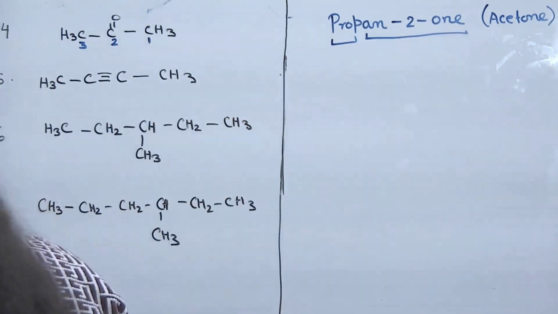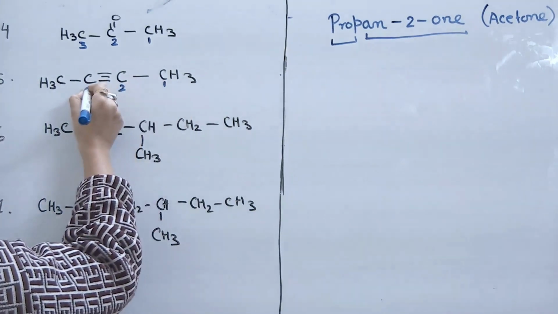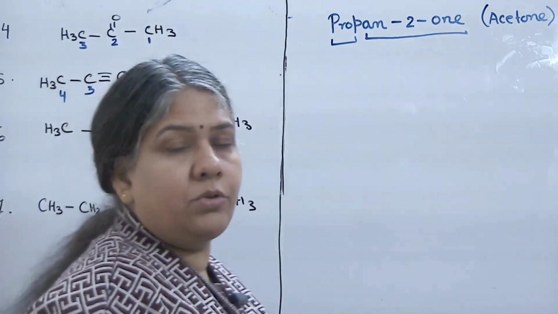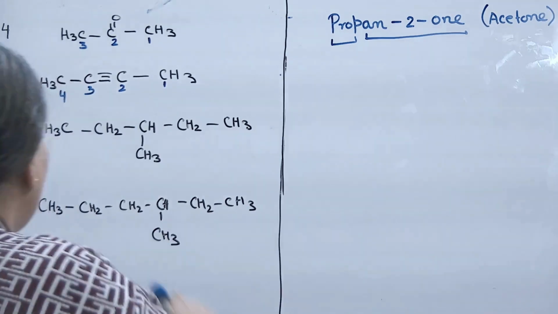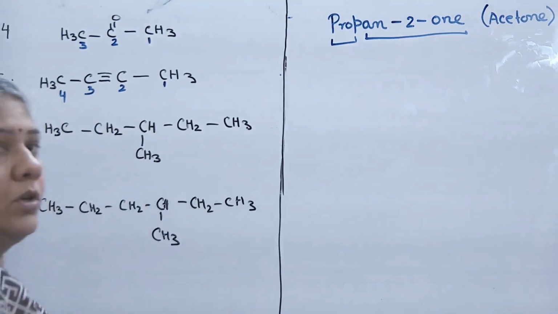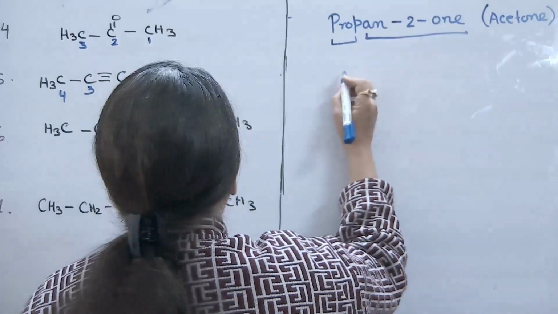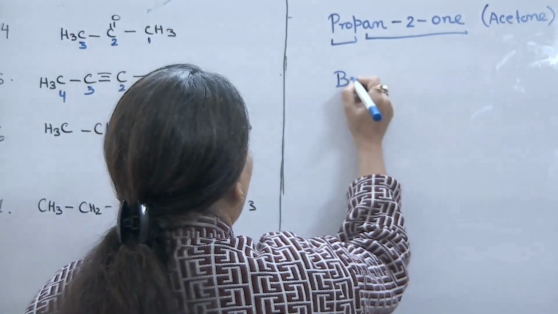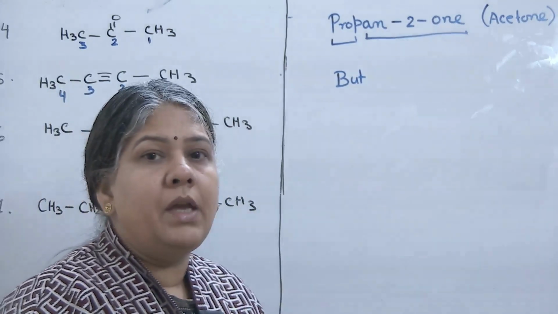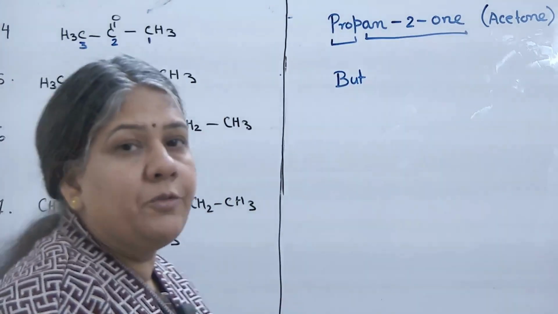Start naming. Again number the carbons 1, 2, 3 and 4. So this is a 4-carbon compound, so the root word is but. Now the triple bond is present between carbon atoms 2 and 3. So first write the root word, that is but, then the triple bond, then we add YNE, and we also mention where this triple bond is present.